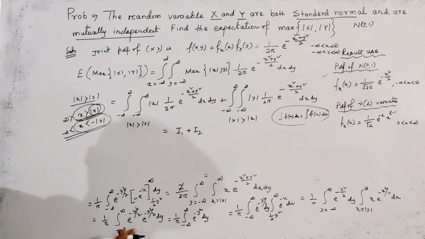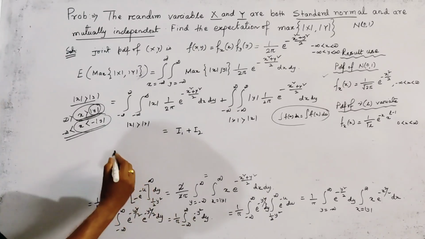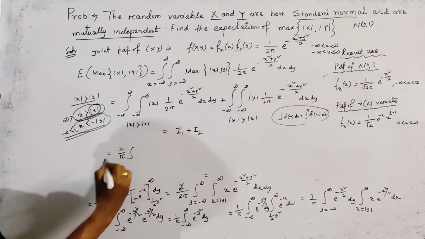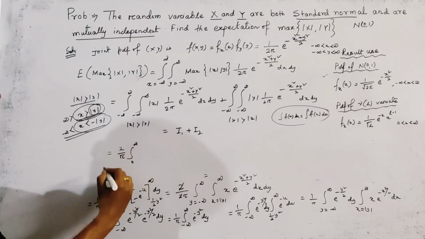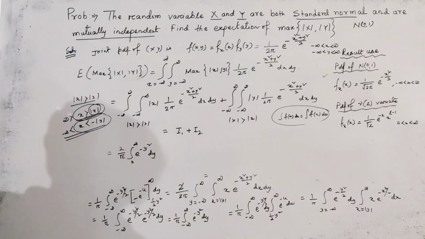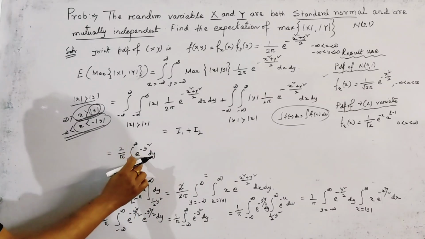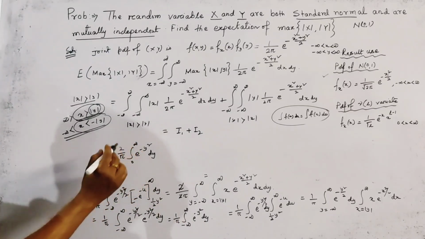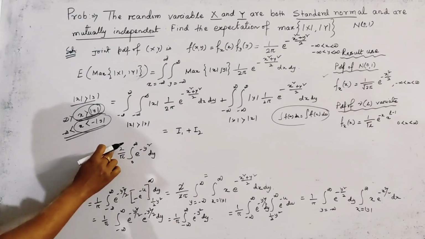So we write this integration as 2 by pi into integration 0 to infinity e to the power minus y square dy. Since this is an even function, we change the range of integration from minus infinity to infinity to 0 to infinity, and we multiply with 2.